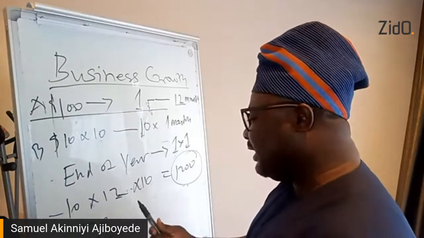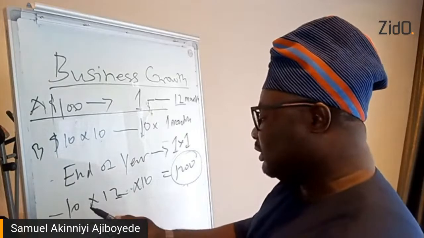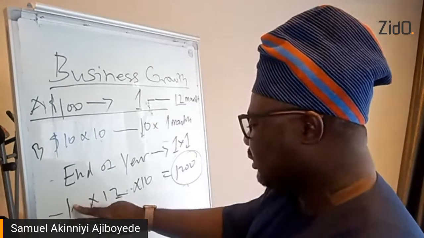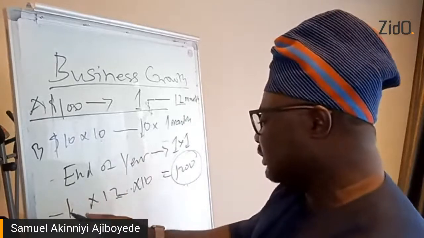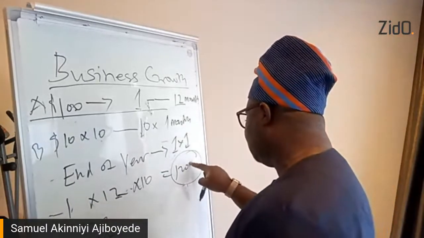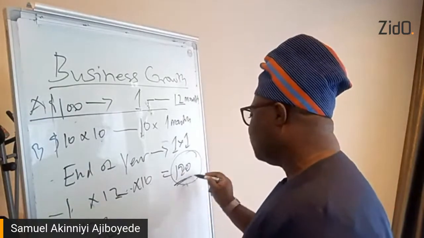So by the time you multiply this, 10 people times 12, you get 120 activities. So you generate 120 activities.